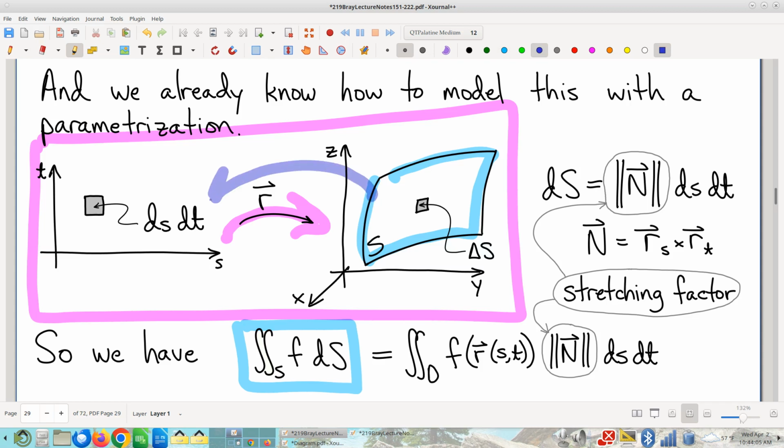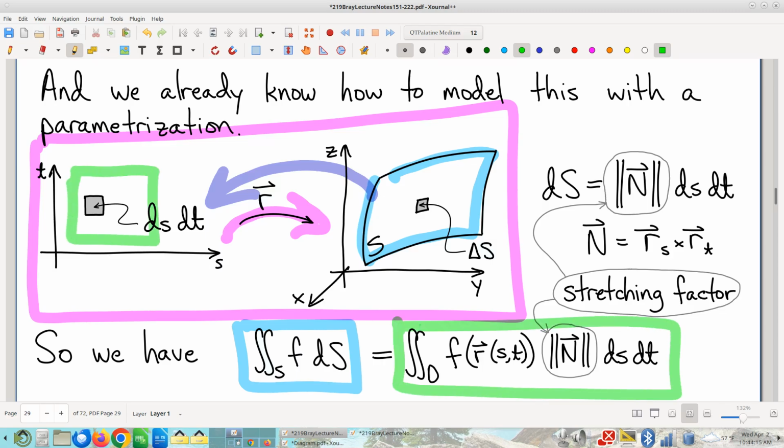So our classic pullback concept, and that's going to turn the integral on that surface into an integral on some region in the ST plane. Again, just don't forget to insert your stretching factor. Everything else is just a matter of plugging in.